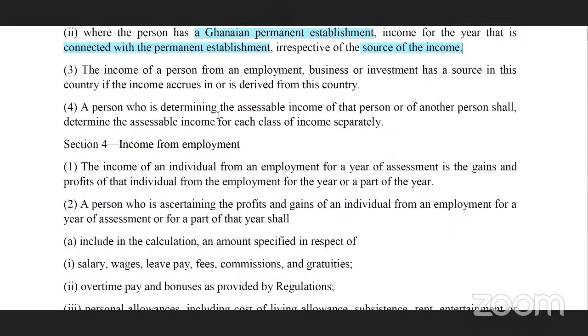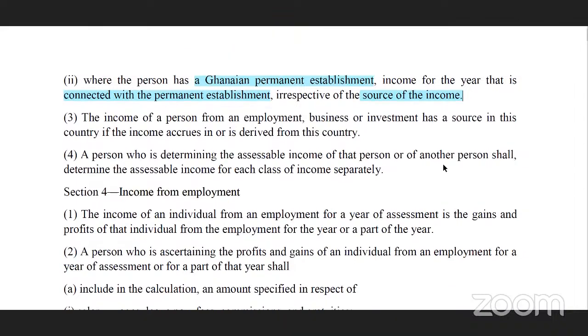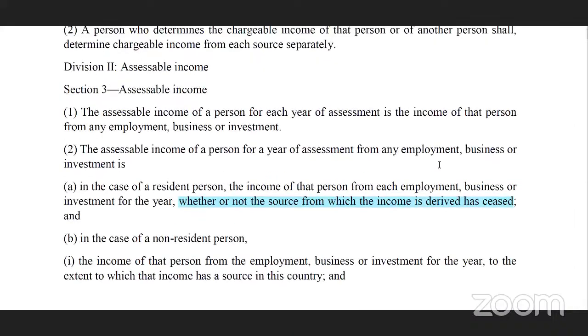Anytime you are determining chargeable income or assessable income, you have to determine it separately. It means that you cannot mix up. So business, business, employment, employment, investment, investment. When you finish, then you get the totals of each, right? And then you deduct your deductions from it. Do you understand? So that is the basic rule. Any questions so far?